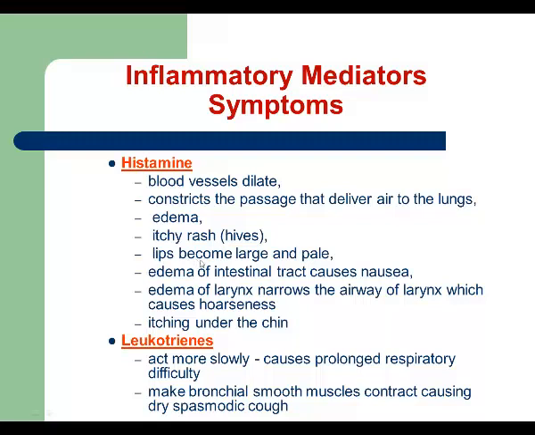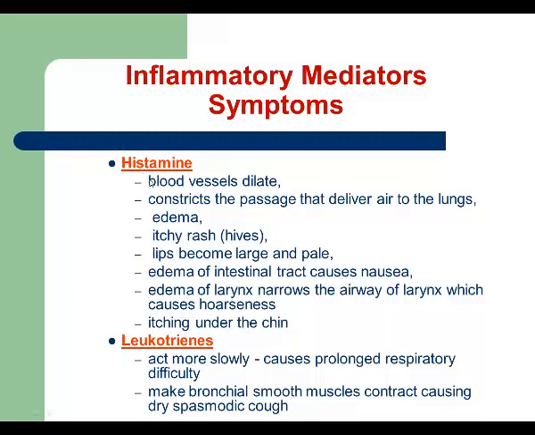Lips of those patients usually become large and pale, for the same reason, increased permeability of the blood vessels and dilated blood vessels. Edema of the intestinal tract causes nausea in those patients. And again, edema of the larynx narrows airways and causes hoarseness of the voice. And the last symptom that patients might develop is itching under the chin.